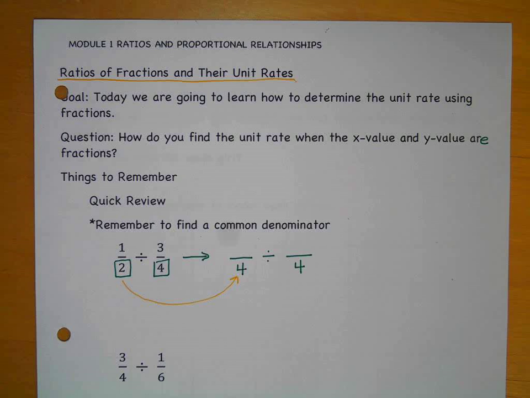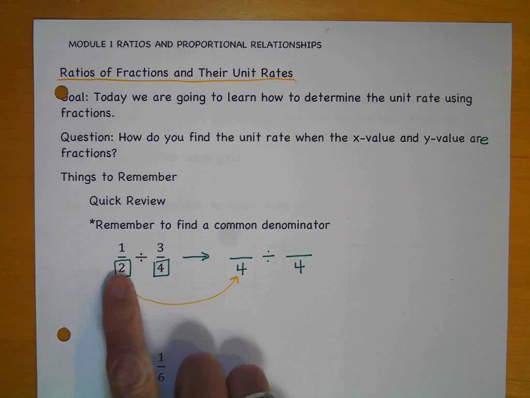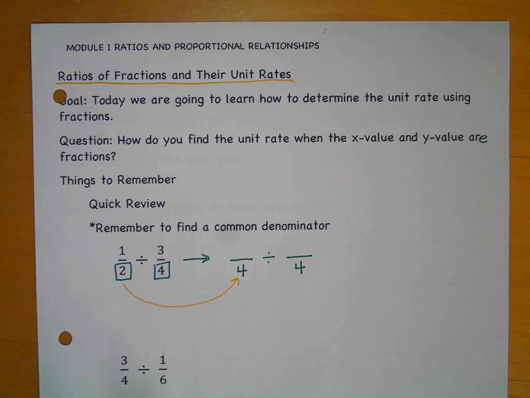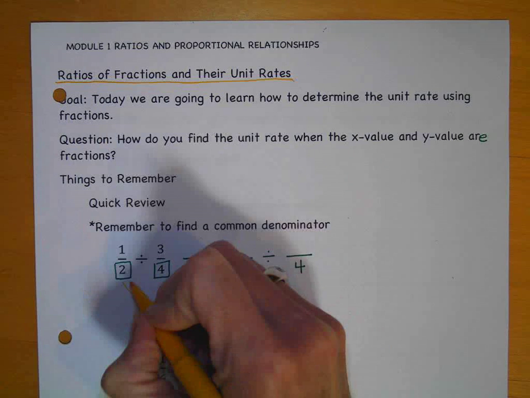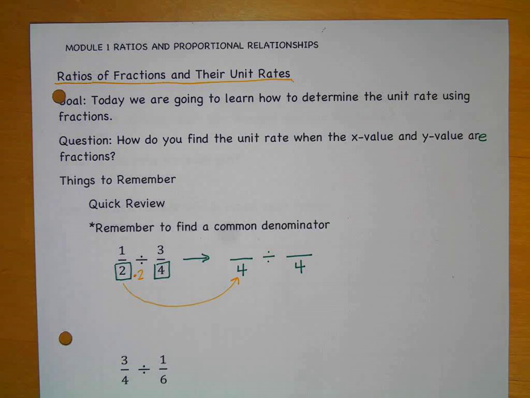What mathematical operation could I do that changes 2 into 4? And primarily we're remembering that we're using multiplying and dividing. So to myself, I say, okay, in order to get from 2 to 4, I need to multiply 2 by 2, because 2 times 2 equals 4.